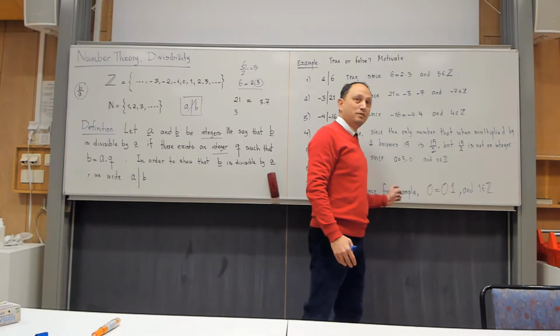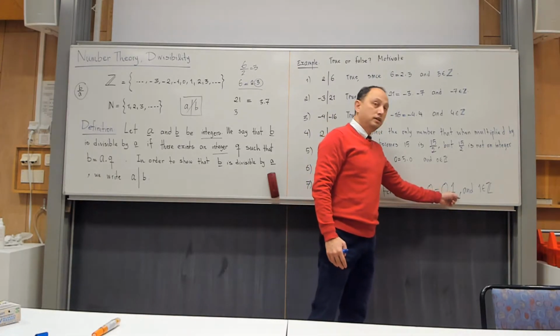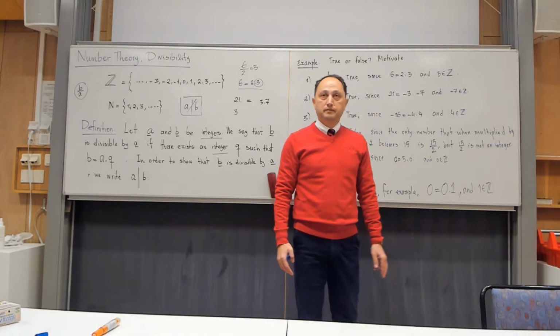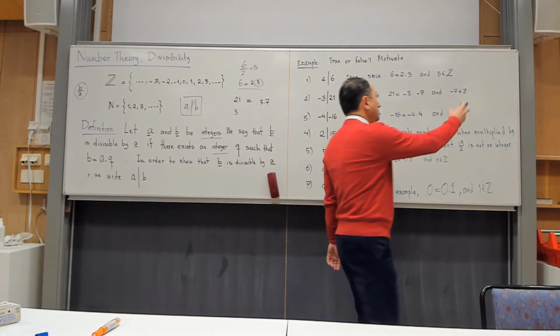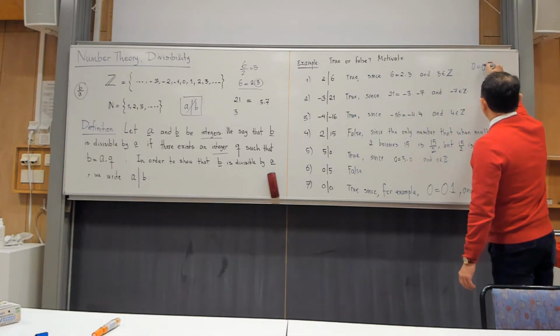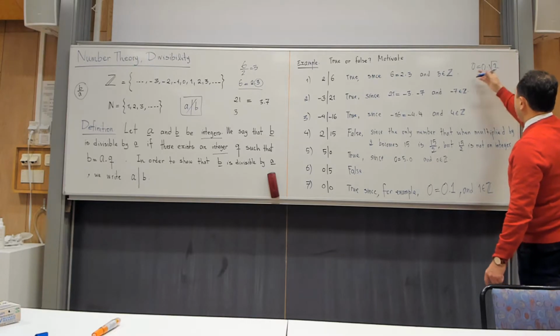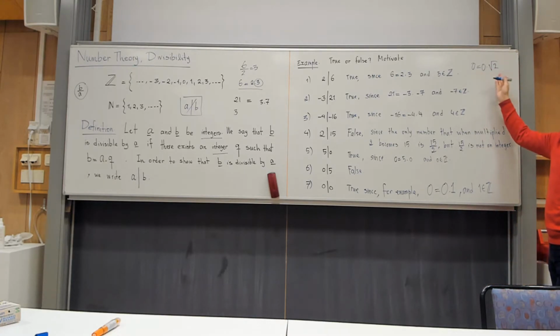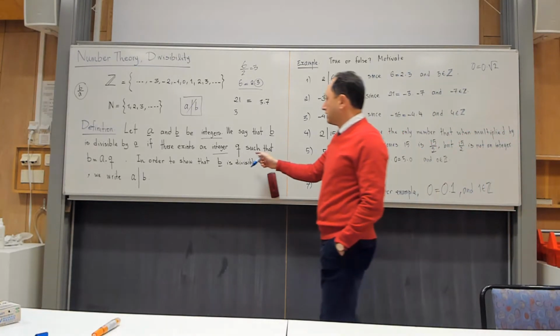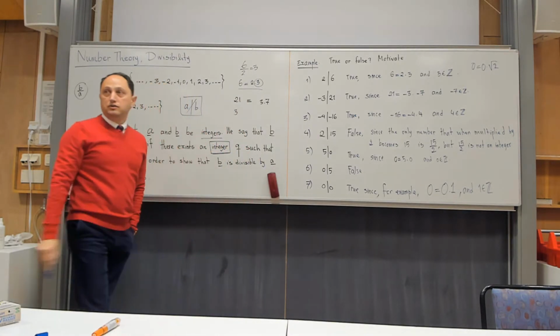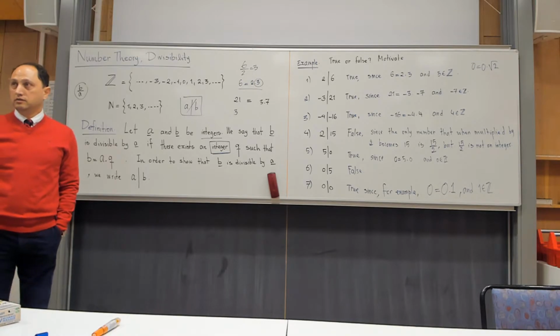But for divisibility, that number should come from the set Z. So you cannot say, for example, 0 is equal to 0 times the square root of 2. Not because this is false, but because the square root of 2 is not an integer. I am emphasizing that this q has to be an integer. Okay?